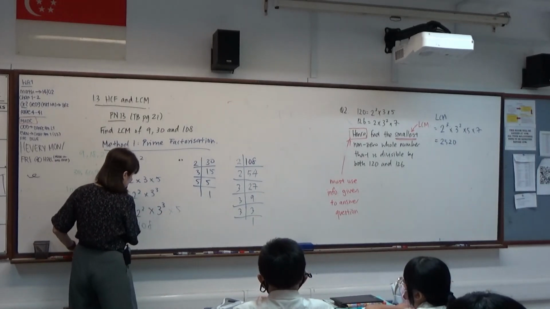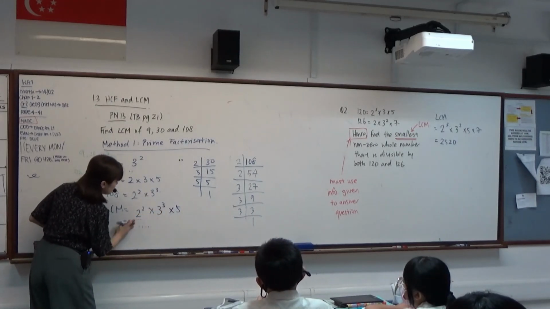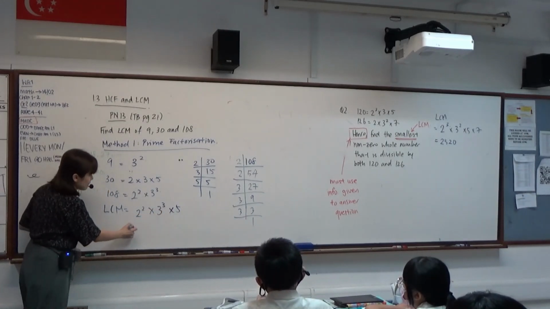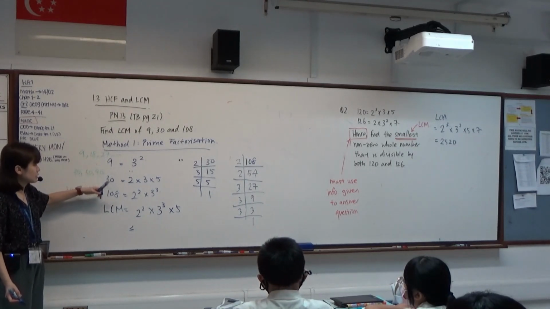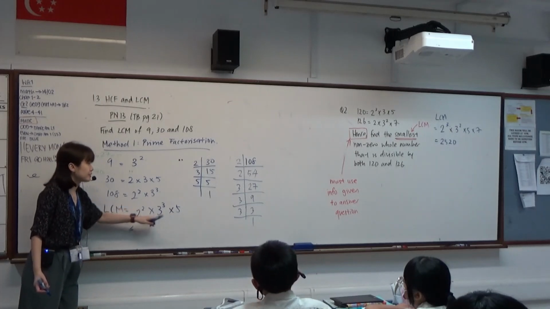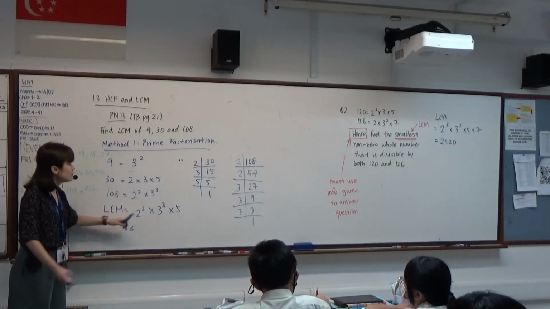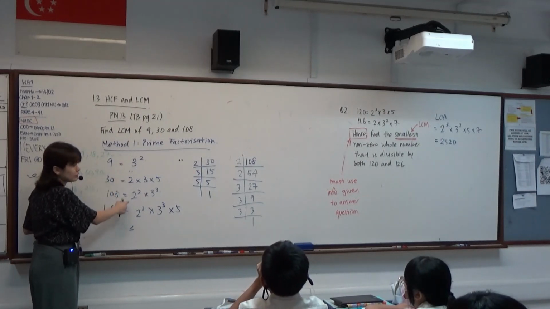So I need this 5 to be over here in order for me to generate a number such that it will divide by 9, 30, and 108. Because all these are prime factors itself. I need to have a number that can divide by all the things that are found inside here.